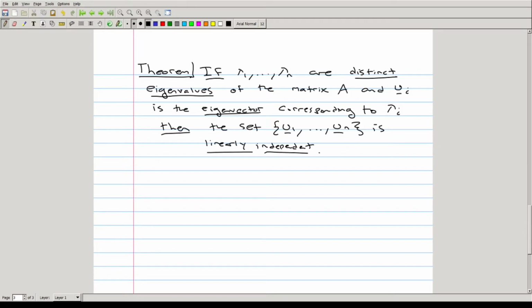And to prove this theorem, I'm just going to prove the specific case when n equals 2. But you can hopefully very clearly see that this can be easily extended to the case when n is any higher integer. So we're going to do a proof by contradiction for n equals 2.